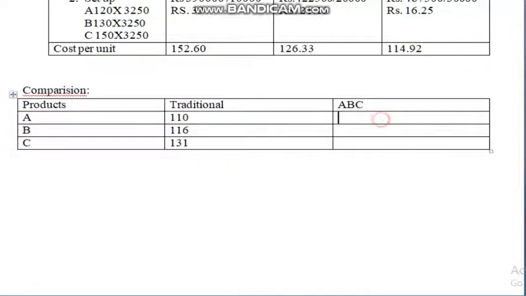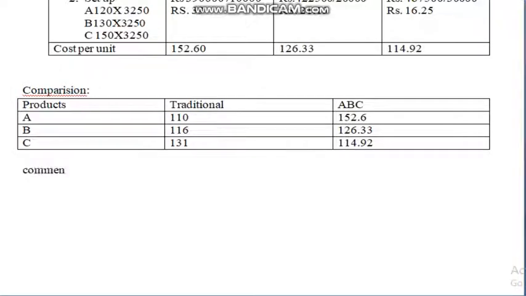Under ABC costing, the cost per unit for product A is 152.60, for product B 126.33, and for product C 114.92. So this is the comparison between traditional and ABC method.